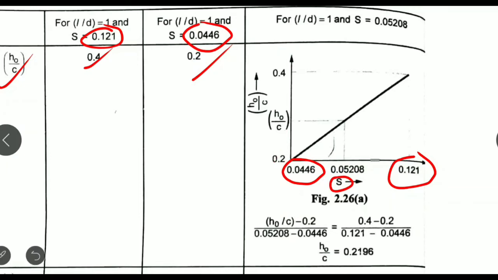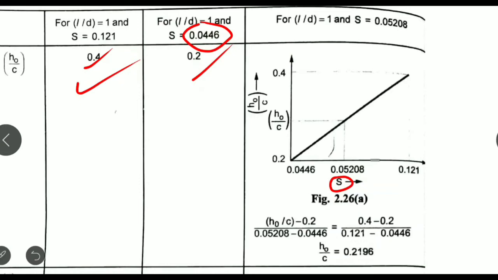Clear, dear friends? This graph is clear. What I have explained: the first column is the parameter, the second is for the Sommerfeld or bearing characteristic number upper value. For that the H0 by C value is 0.4, and for the lower value 0.2. The known quantity should always be written on the x-axis, and on the y-axis the parameter which we require.